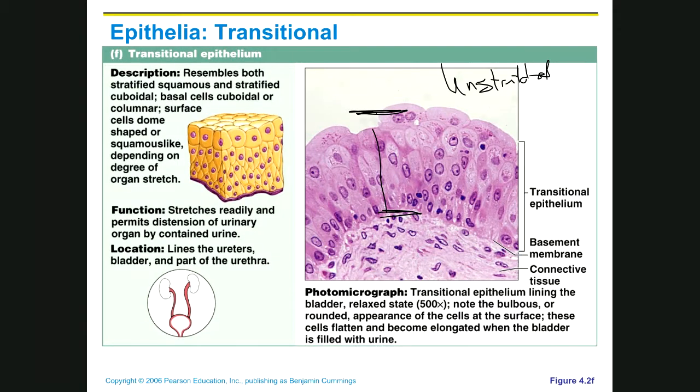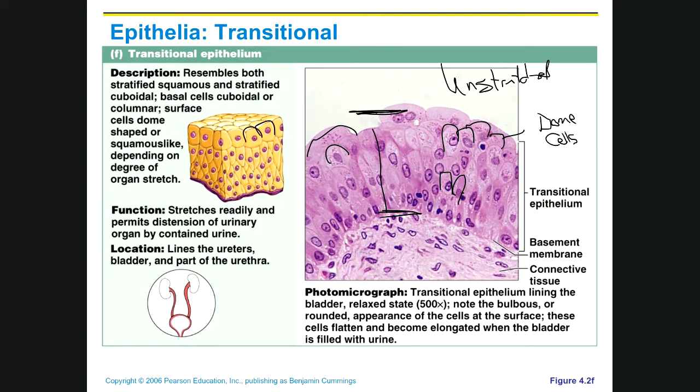And if you look up at the top, they have rounded tops, which is also different about this tissue. They're called dome cells. They have a dome on them. And this is the only tissue that has these domes. You can see them very easily here. Over here, you can see them very well as well.